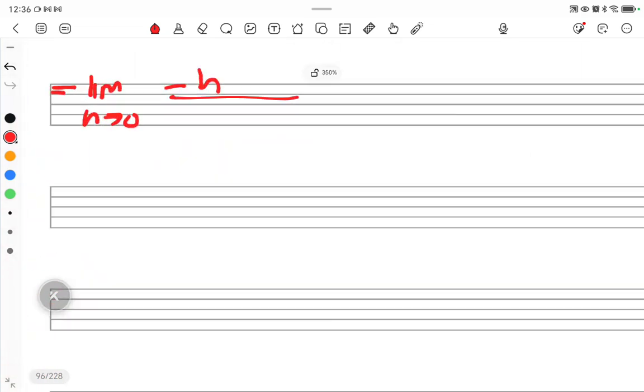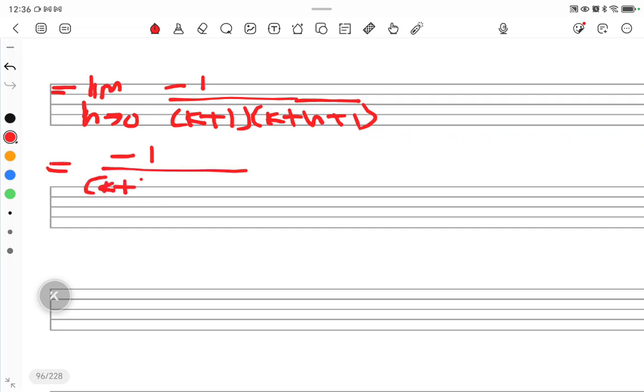We should be left with minus 1 over k plus 1 times k plus h plus 1. You see, right? And substituting h equals 0 will get us this, and this would be minus 1 over k plus 1 squared. I'm sure we agree with this.